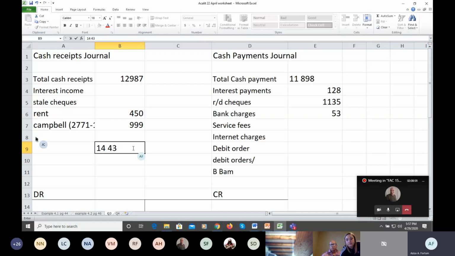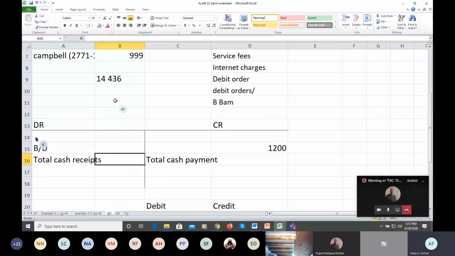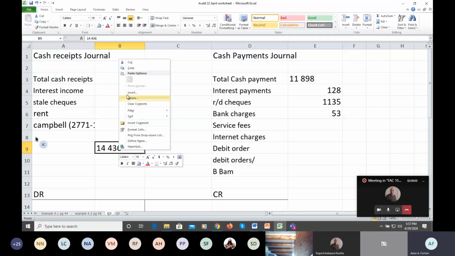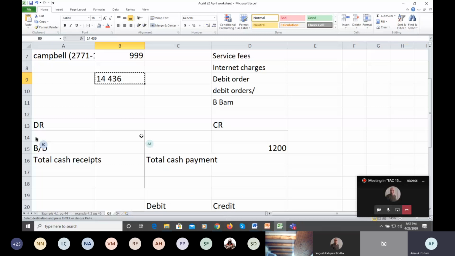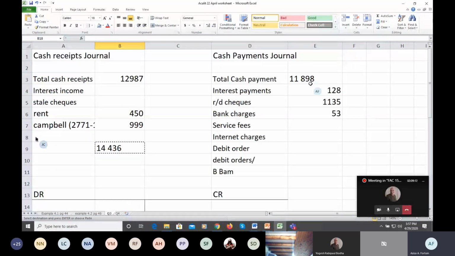So we take that 14,436 and we're going to put it in my bank account under receipts. Let's add up this 11,898, 53, 1135, and the 128 equals 13,214. Okay, so I'm going to put my 13,214.